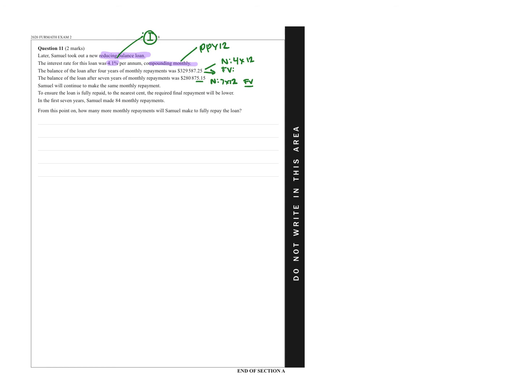Alright, so what they want to know is how much more after the 7 years he will have to pay the loan. So if we think about this, this is after those first 7 years. So N will be the question, because that's what they want to know, how many more monthly payments.